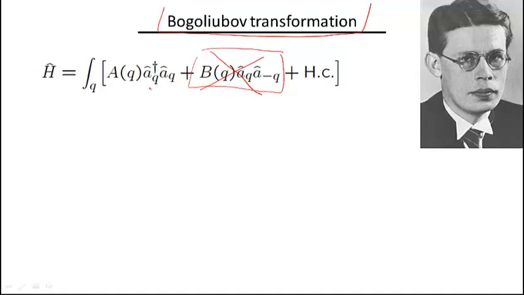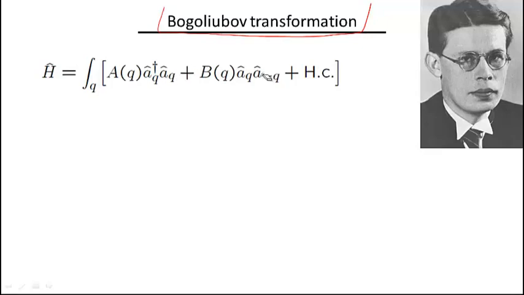If we didn't have this term, we would have had just a linear combination of independent q operators. But the appearance of this term couples the q mode with the minus q mode. So whatever transformation we come up with should probably involve a linear combination of at least a q and a minus q.